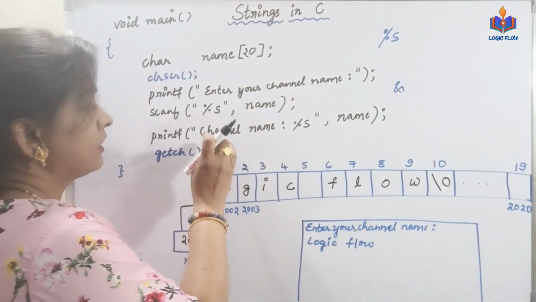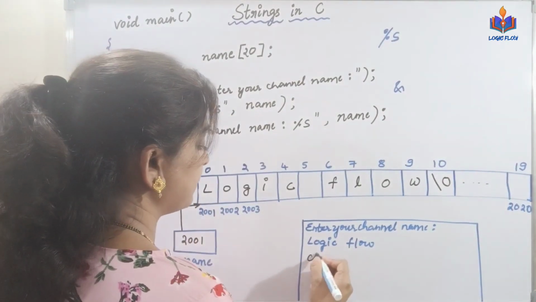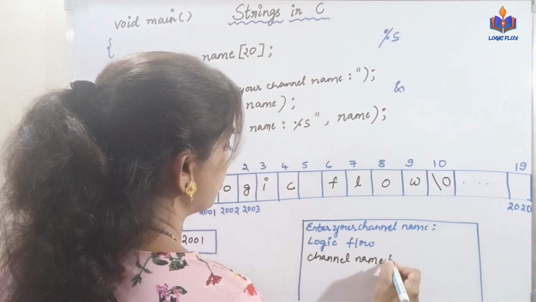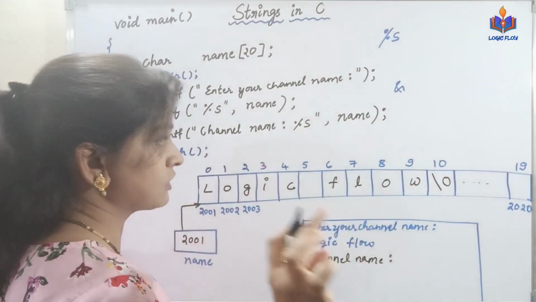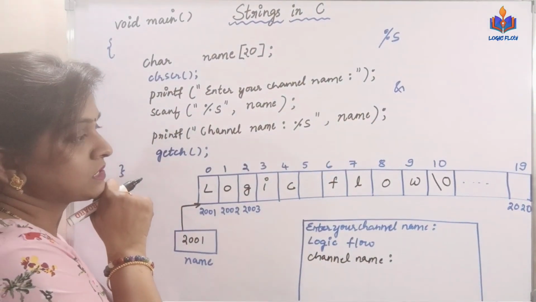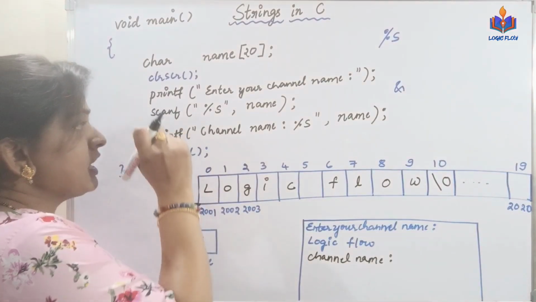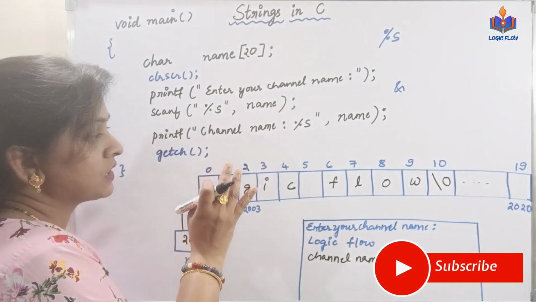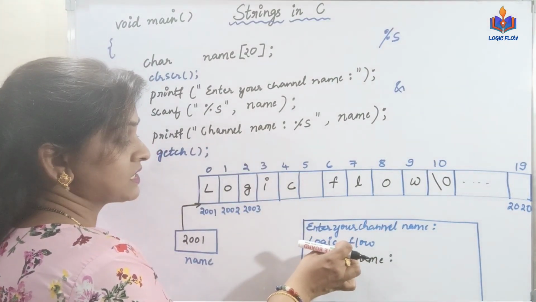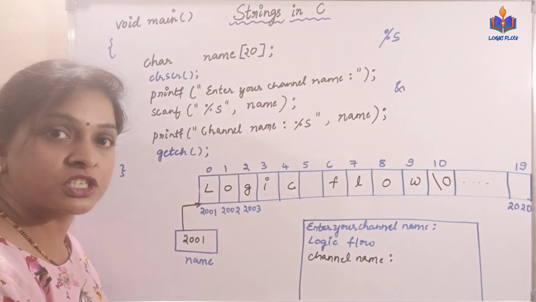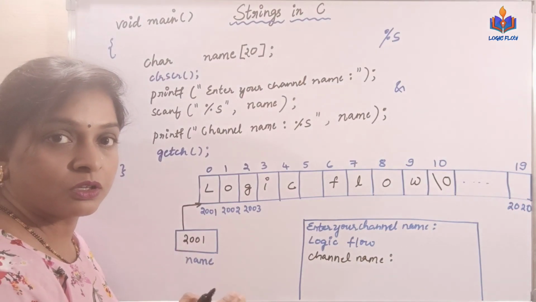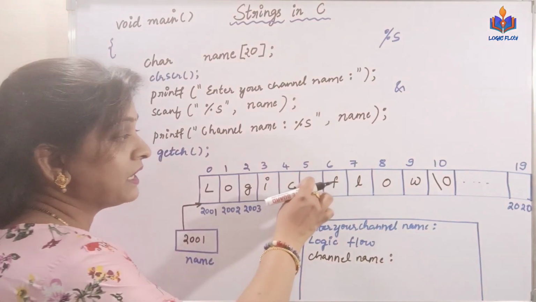Now, when I say print the channel name, my output will be like this. Channel name, colon, again %s, the format specifier for string, and then the variable name. But here what happens? When scanf is scanning the values and encounters a white space, it is going to stop taking the inputs and close that string by appending the null character.